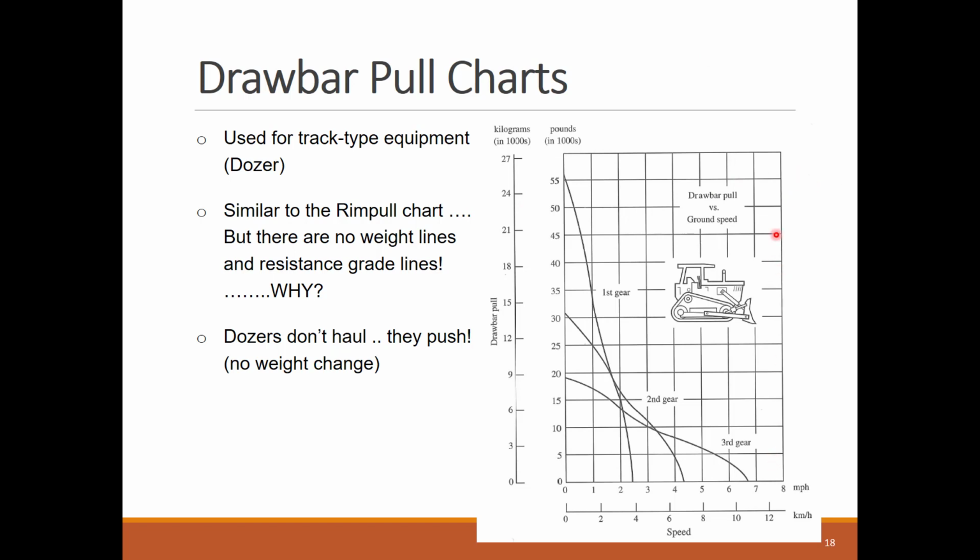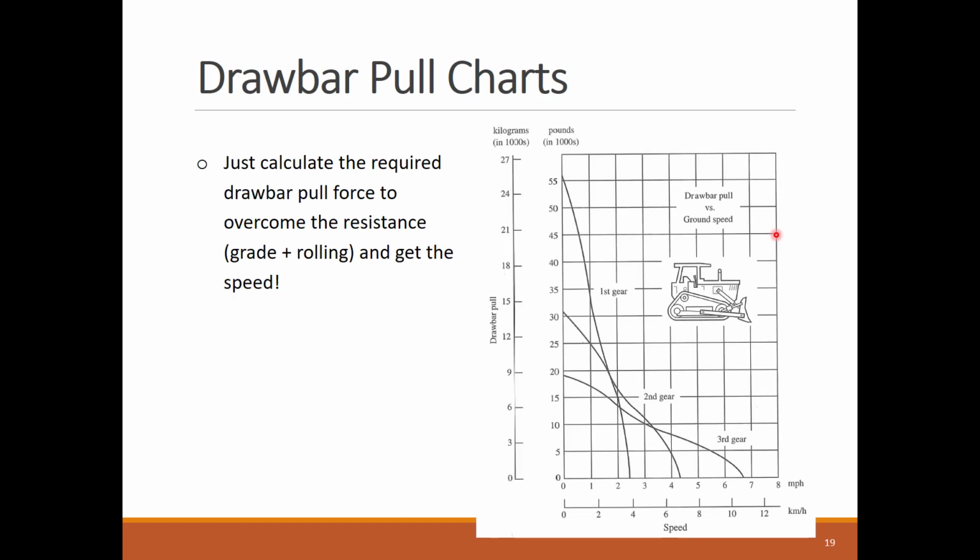This is because dozers do not haul and carry load, they push the load. For the total resistance, we will calculate it as a force and use the drawbar left axis values as our input entry.